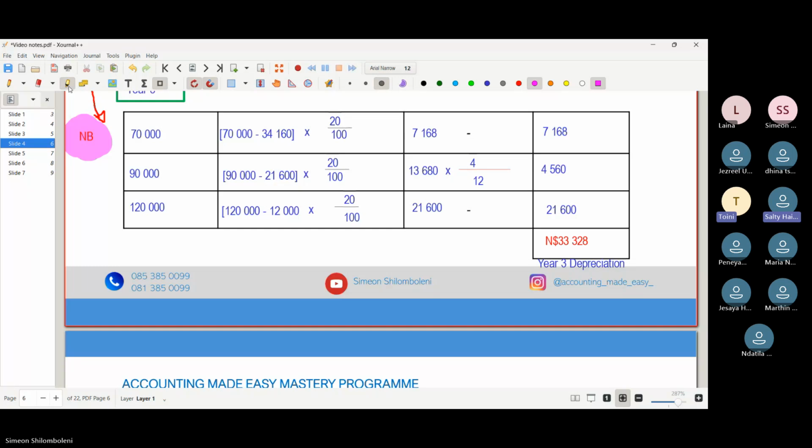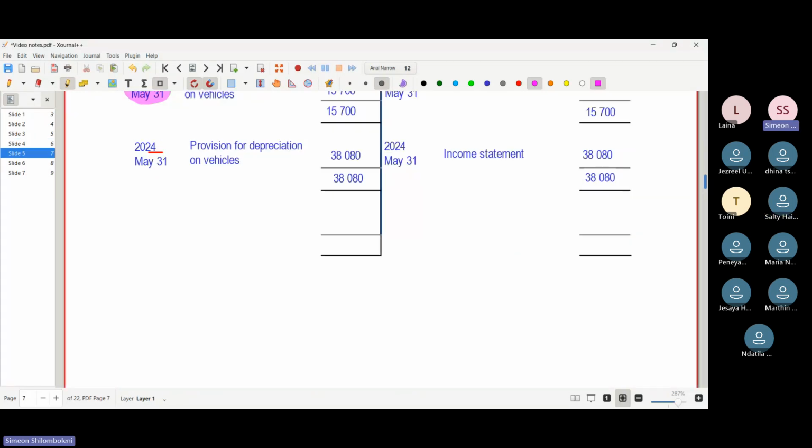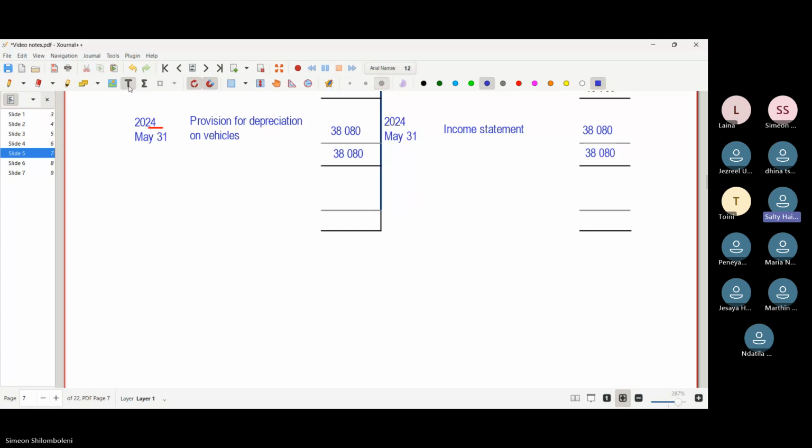We record the 33,328. We take this amount. Where do we go and record it? In depreciation, 33,328.